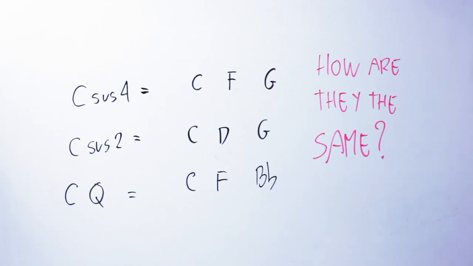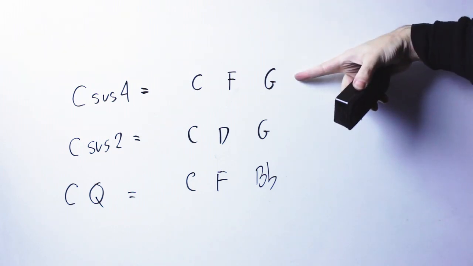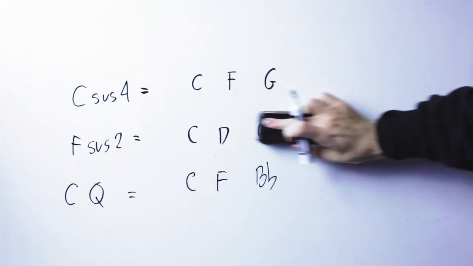Let me change a little bit what I did so far. Let me write down those chords from different roots and not from the same root. I'm going to keep C sus4 as it is, C, F, G. But rather than writing C sus2, I'm going to write F sus2.